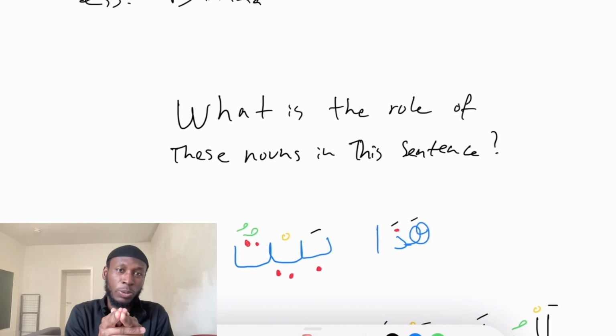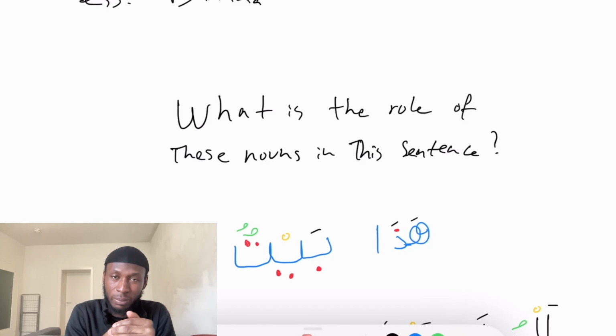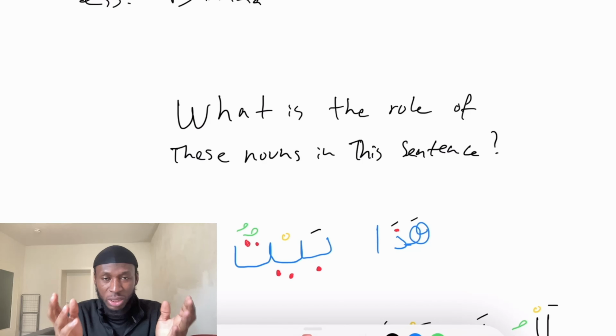We have جملة اسمية, that is a nominal sentence, and جملة فعلية, that is a verbal sentence. How to differentiate between them is very simple.